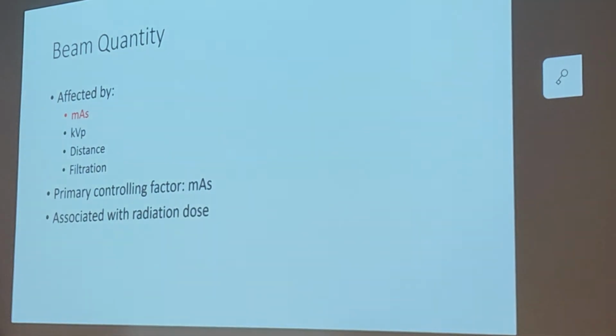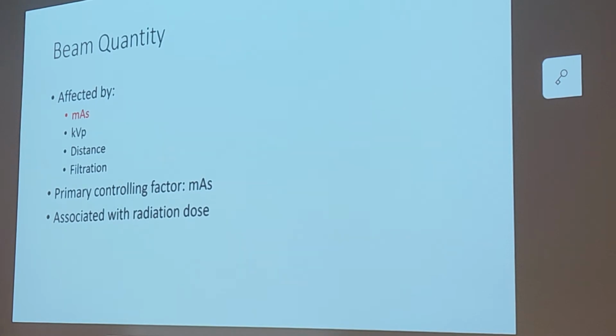The setting you can control at the console, which is primarily responsible for quantity, is mAs. So mAs is your primary controlling factor, but mAs and quantity are two separate concepts. mAs will control the quantity, but mAs does not equal quantity. kVp can also affect quantity. Filtration can also affect quantity. Distance can affect quantity.